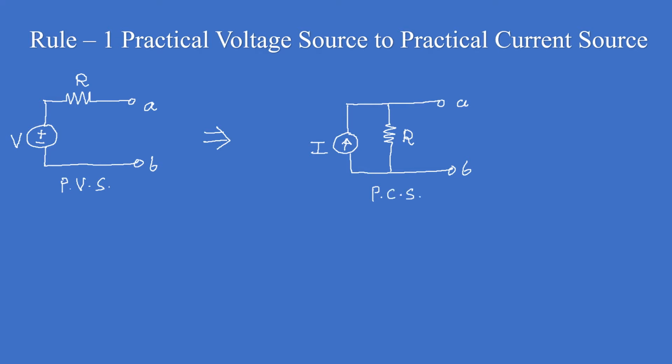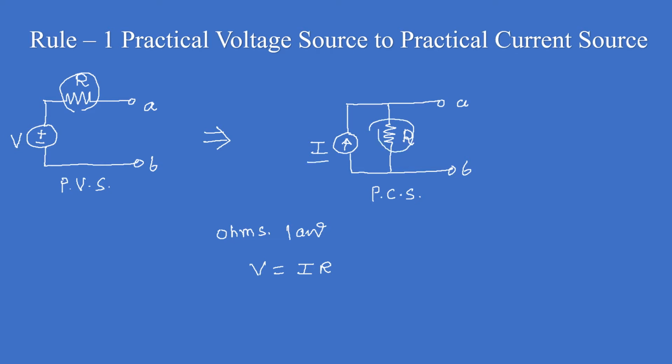For this conversion we will apply simple Ohm's law. According to Ohm's law, V is equal to IR. While doing this transformation, the value of the resistance will be the same. The resistance in the voltage source will be the same in the current source also.